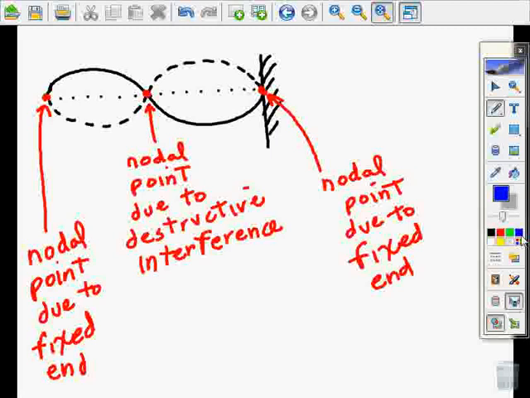Now the points in between the nodal points that are flaring up and down, they have a special name too. This is one single point. This one here and that right there. Because this same point will be here, a moment later it'll be there, a moment later it'll be back there.